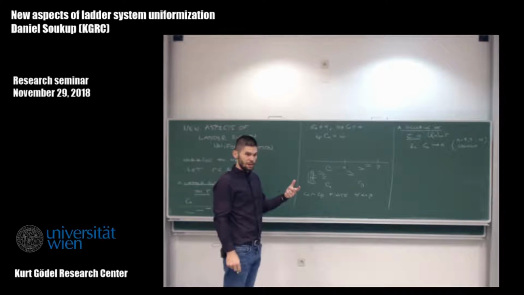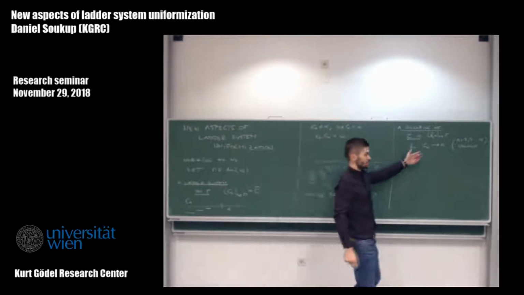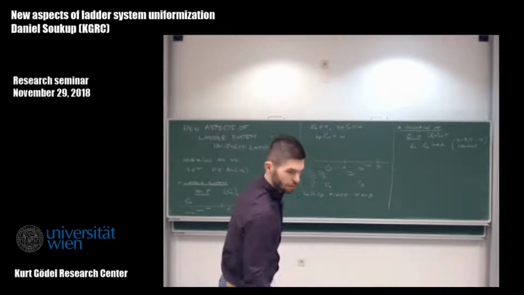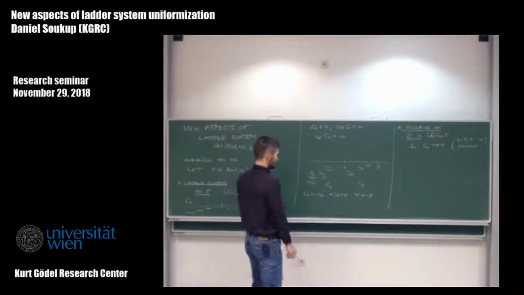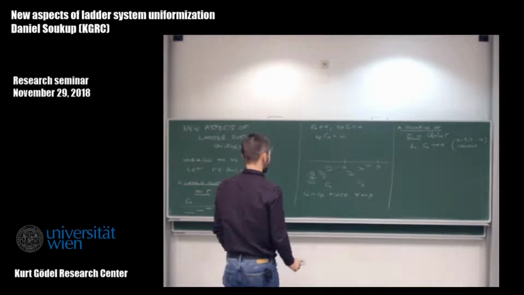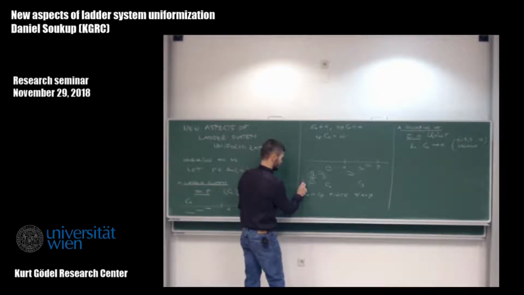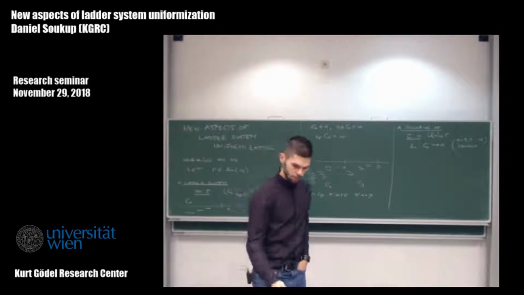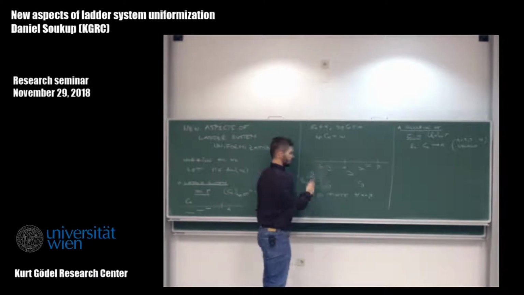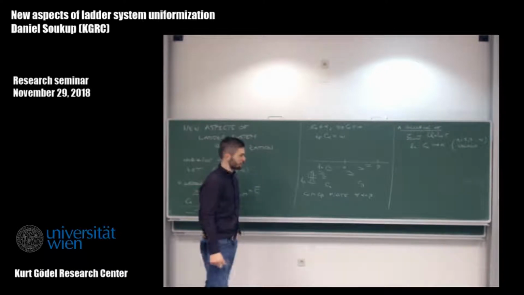I'm just saying that the domains might intersect. They might have a common point and a different color. The green graph is supposed to be F beta, and the blue one is F alpha. Their domains might intersect, and at a common point they might differ. That's what I'm saying.